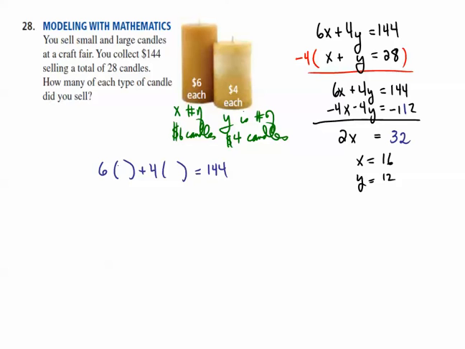And let's see if that works. 6 times 16, 4 times 12. 6 times 16 is 96 plus 48. Does that equal 144? 90 and 40 is 130. 6 and 8 is 14, so that does work this time.